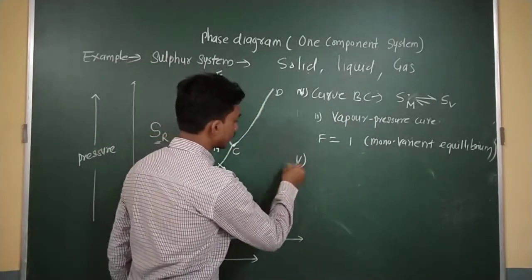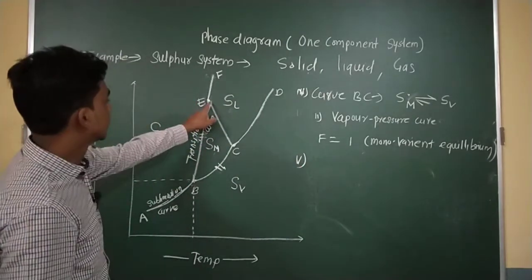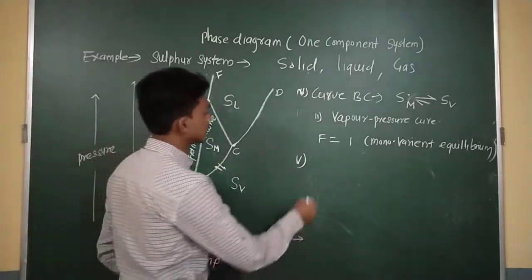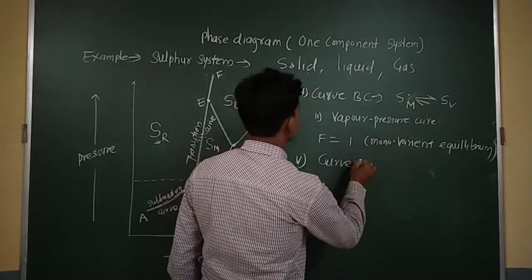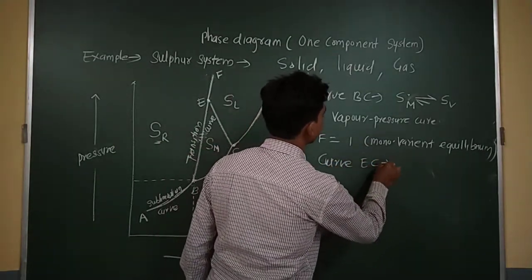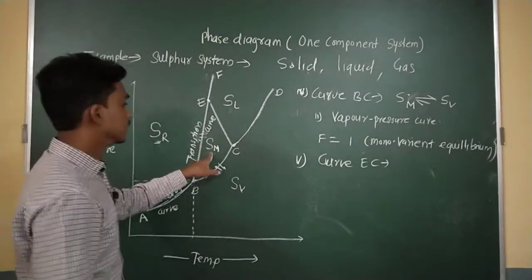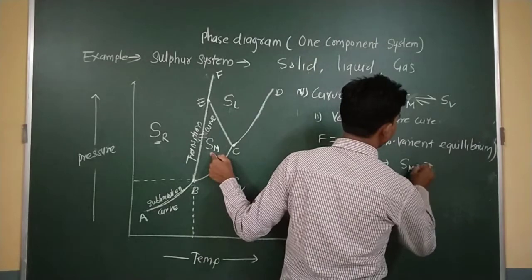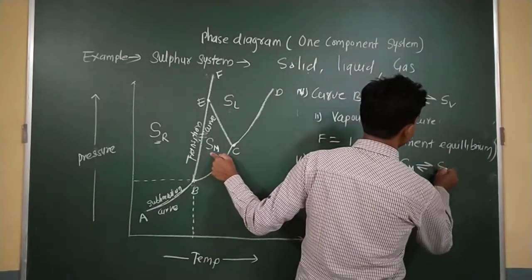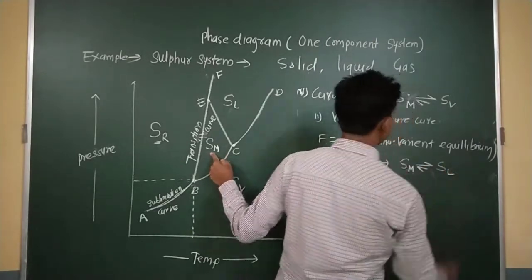Now the next curve. This curve E to C, what will we get? This SM, that means sulfur in a monoclinic form, is in equilibrium with what? Sulfur in a liquid form.